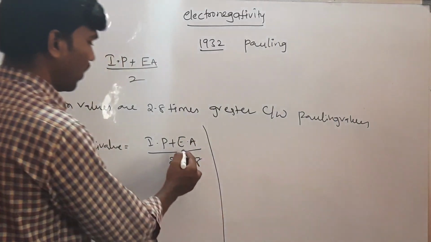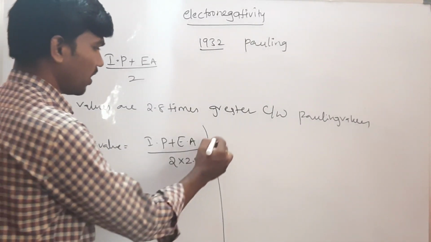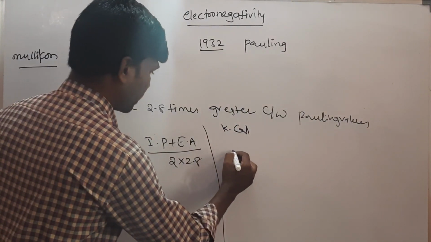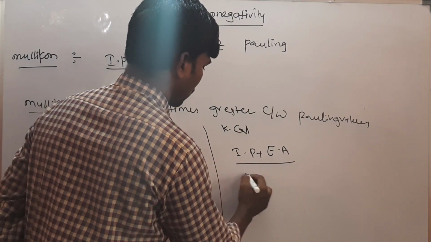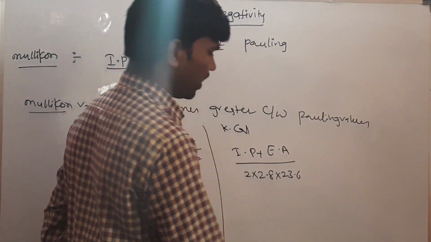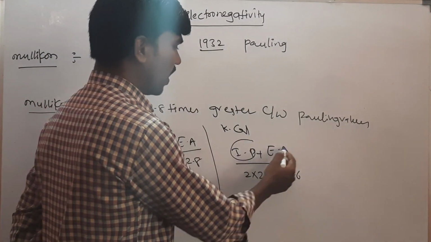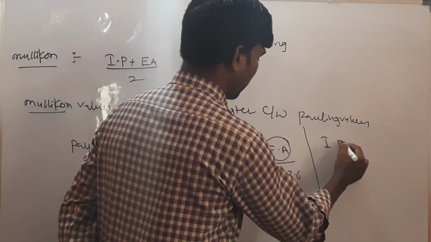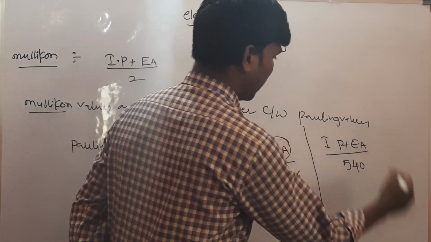If you are taking the ionization potential and electron affinity values in kilocalories, then the value will be ionization potential plus electron affinity upon 2 into 2.8 into 23.6. If you are expressing the ionization potential and electron affinity values in kilojoules per mole, in such case ionization potential plus electron affinity upon 540 will come.